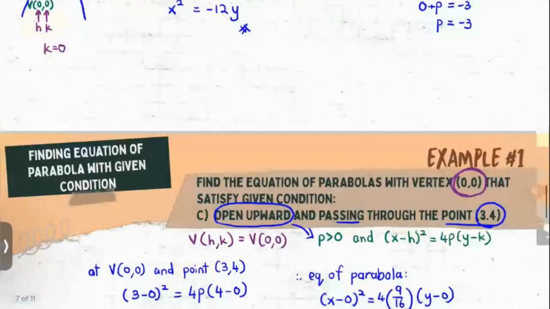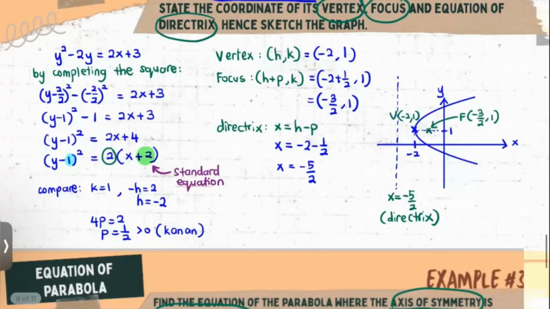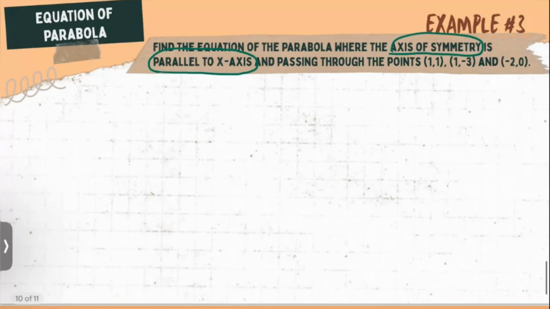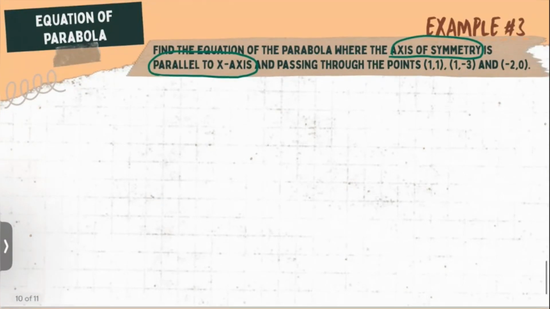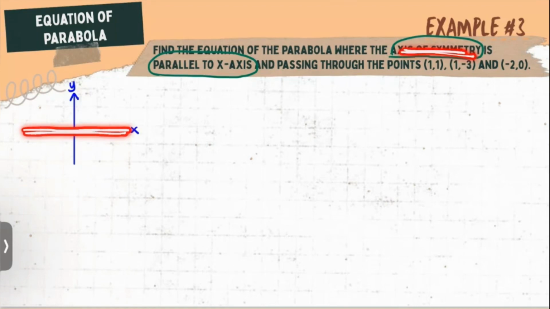Now, this is the y-axis and this is the x-axis. If this is the x-axis, then the axis of symmetry is in the same direction, in this direction.